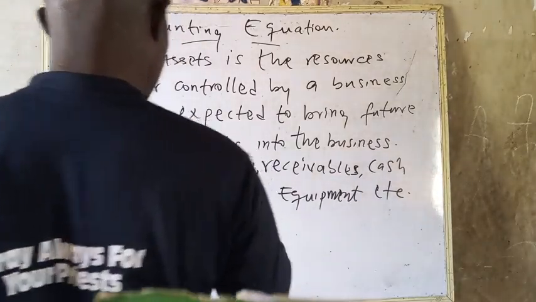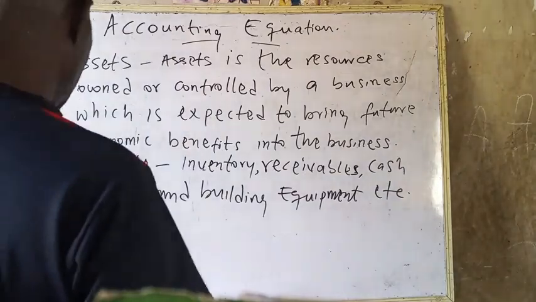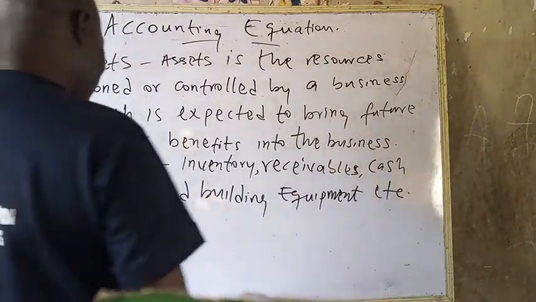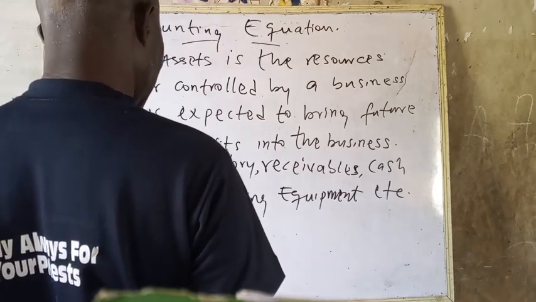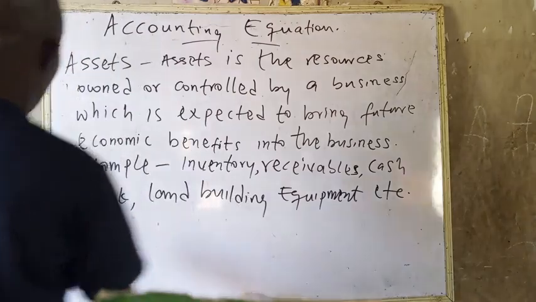In the context of the accounting equation, assets is the total value of what the company has at its disposal.